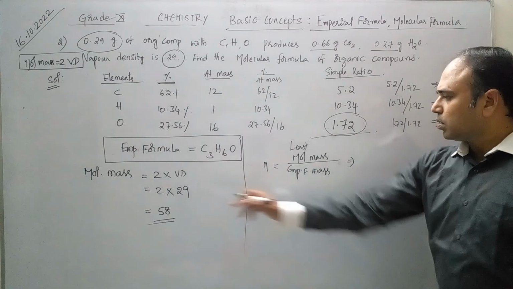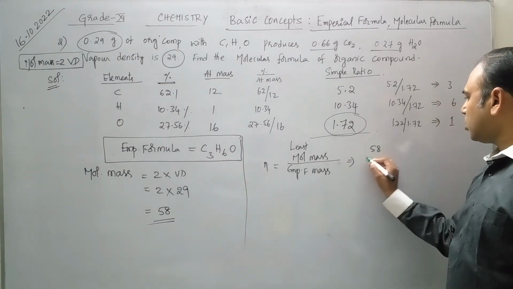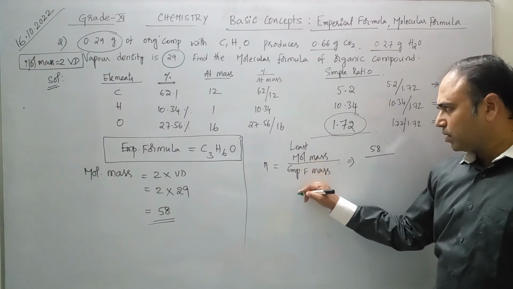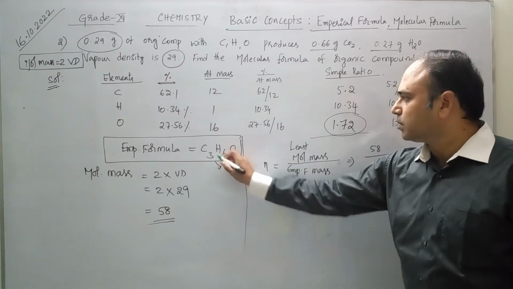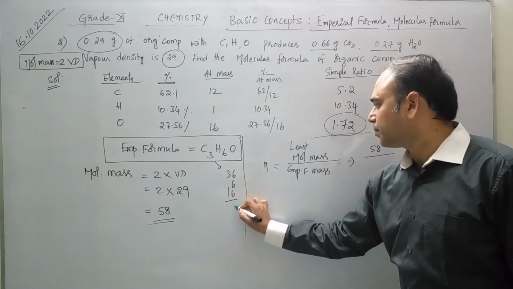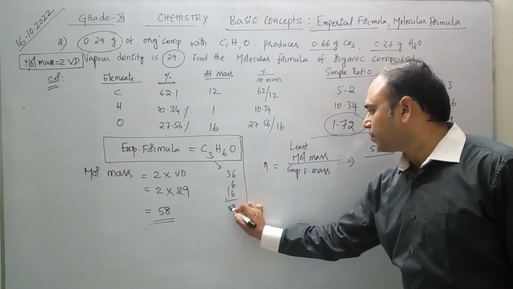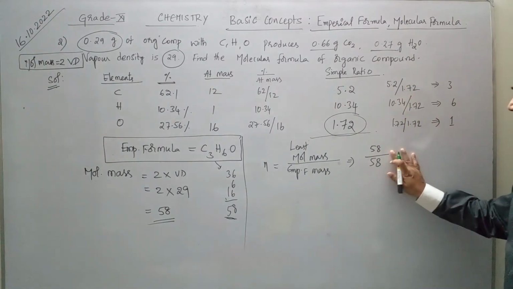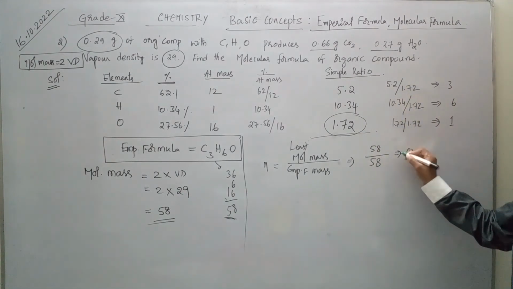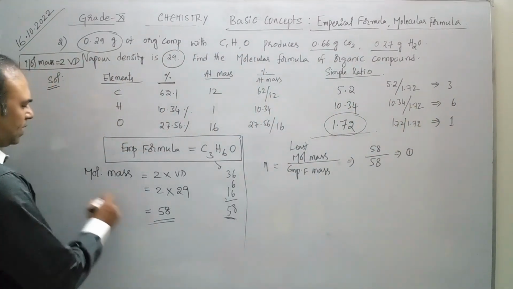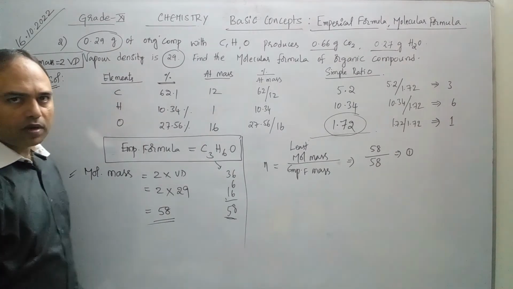So we have 58 as molecular mass. Now what will be the empirical formula mass? For this we have to calculate. 12 into 3, 36. This is 6 and this is 16. So 36 plus 6 plus 16 is 58. Now the empirical formula mass is also 58. Therefore we can say that N is equal to 1. So hope you have understood this. We only calculated the molecular mass.